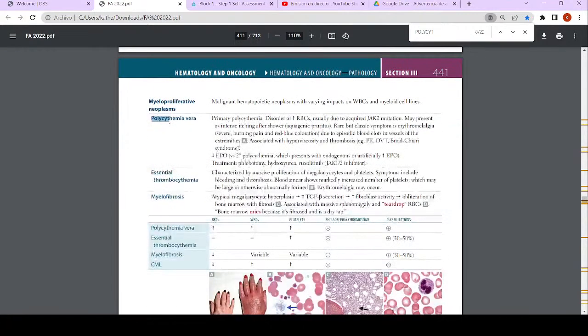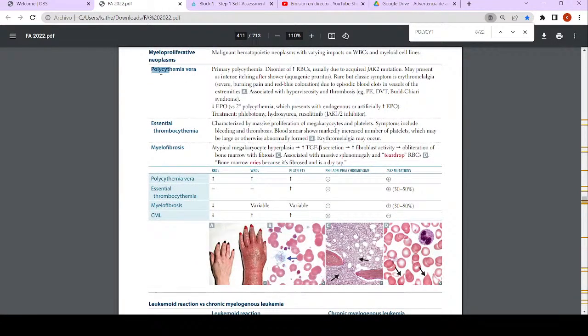Here it is. Myeloproliferative neoplasm, malignant hematopoietic neoplasm with varying impact on the white blood cell and myeloid cell lines. Polycythemia vera, primary polycythemia, disorder of RBCs, usually due to acquired JAK2 mutation. Might present as an intense itching after shower, the aquagenic pruritus.